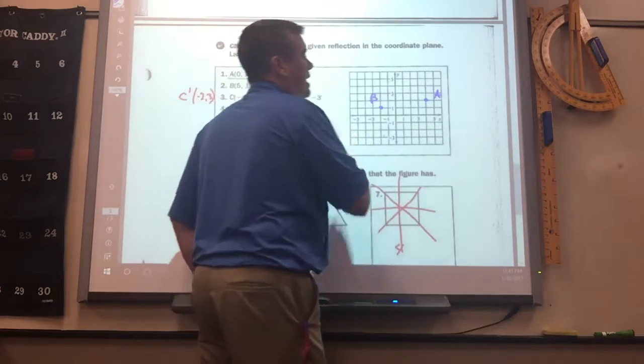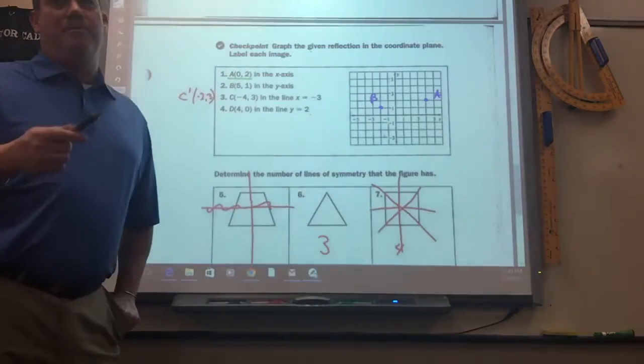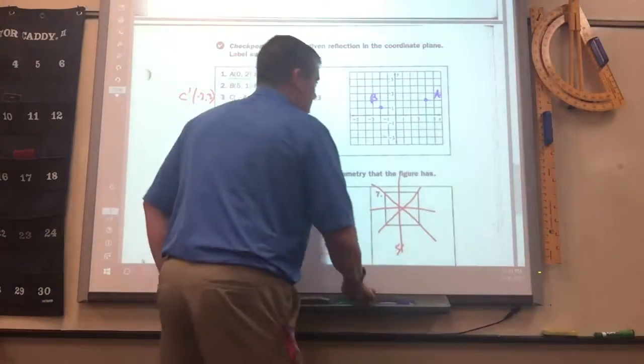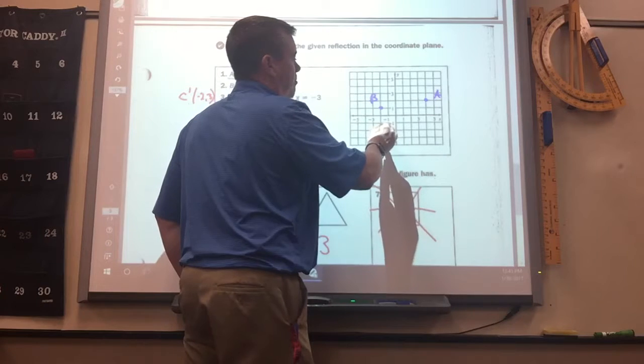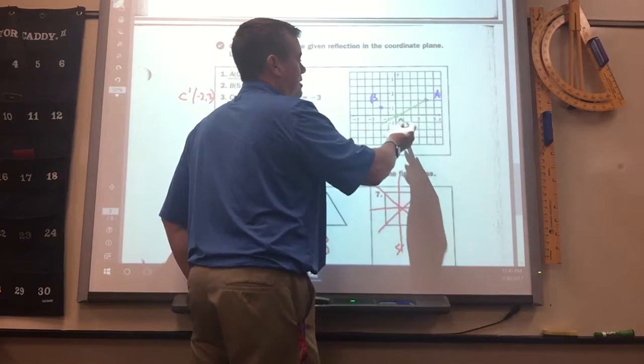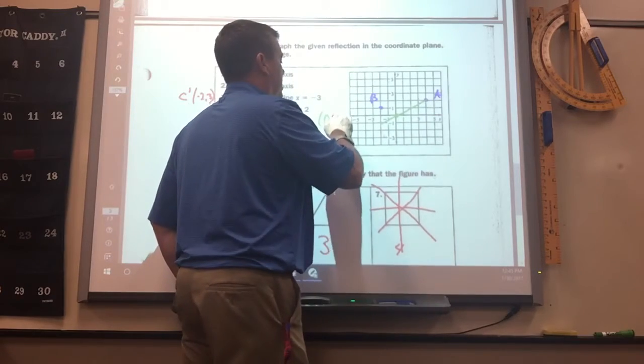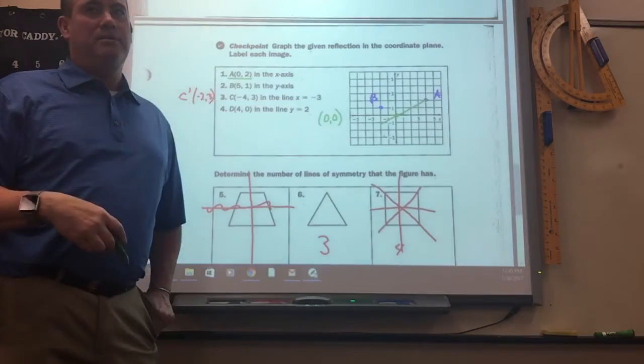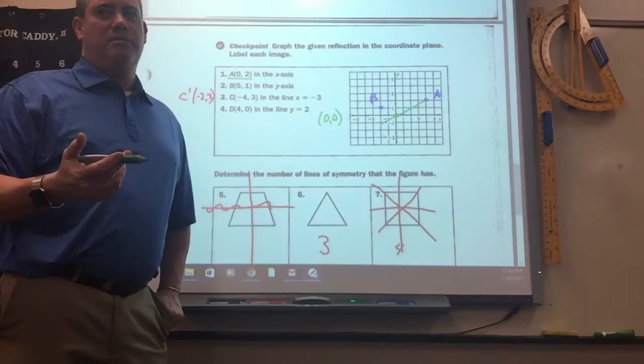They're wondering where on the x-axis is the minimum distance point. So all you do is reflect one of them and then connect, and wherever it crosses, that's the answer. So 0, 0 would be the minimum distance point. Understand how to do that? Okay.